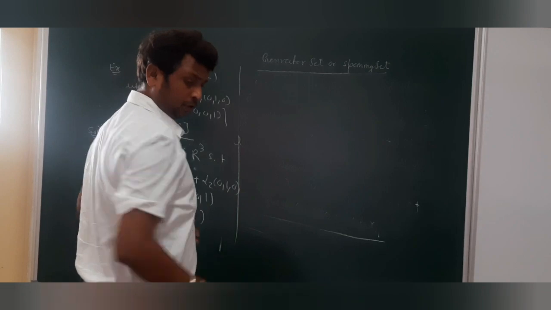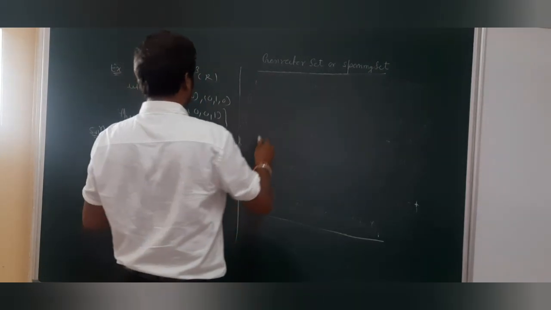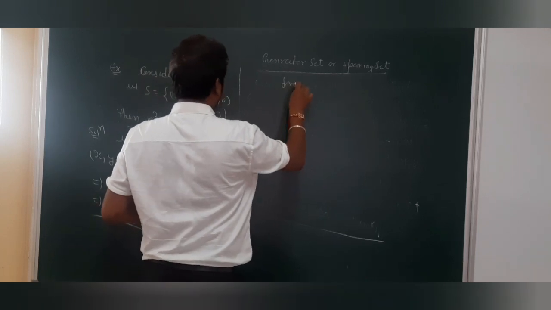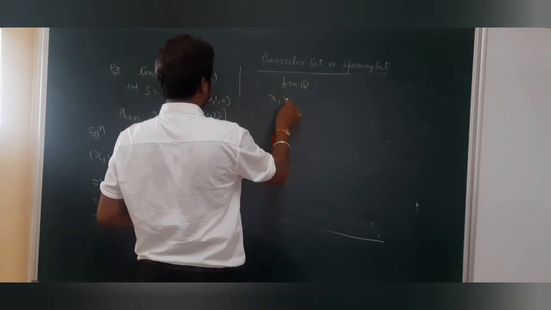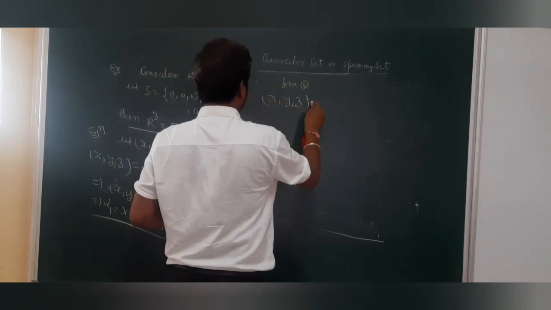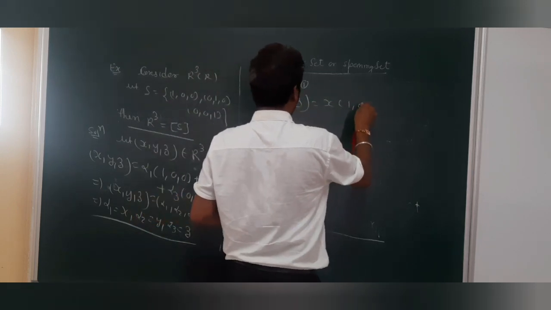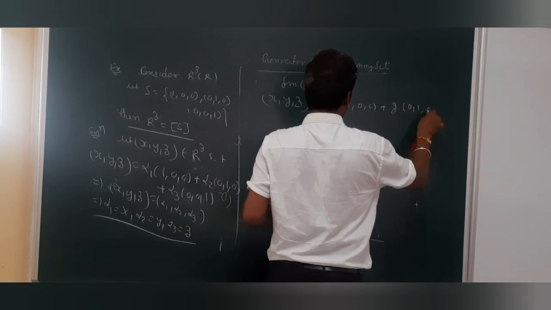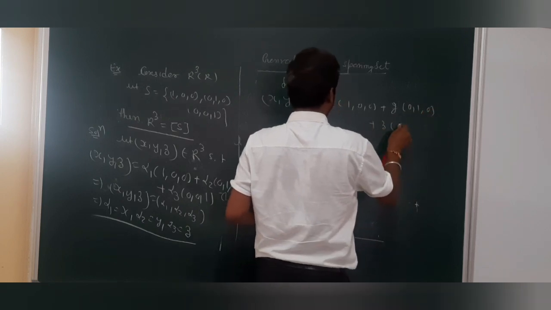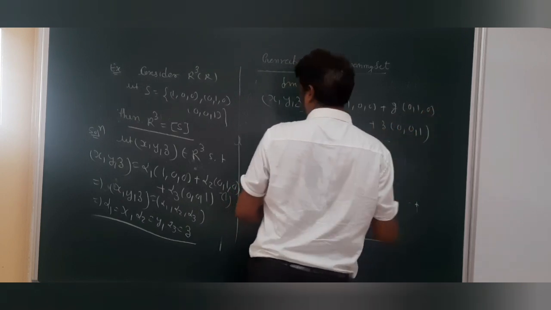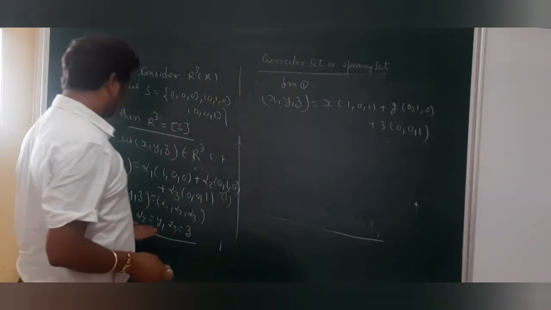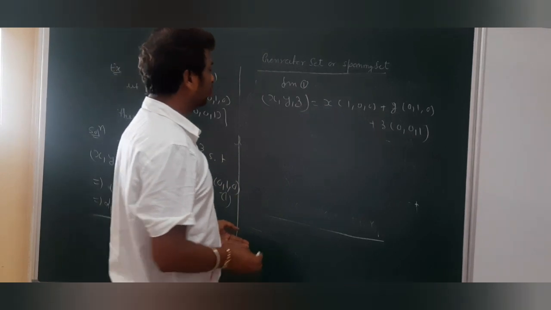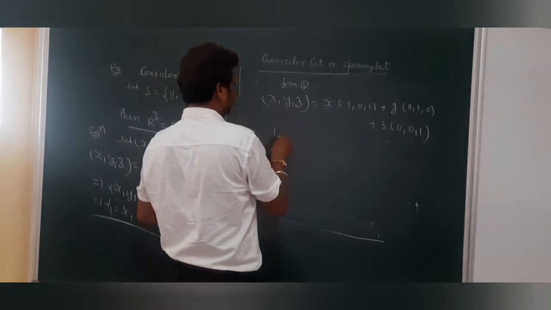How to check? You can check easily. This is equation number 1. So from 1, what we have: (x, y, z) we can write as x (1, 0, 0) plus y (0, 1, 0) plus z (0, 0, 1). So suppose we put the alpha 1, alpha 2, alpha 3 values here. Suppose you want to write (1, -2, 3).